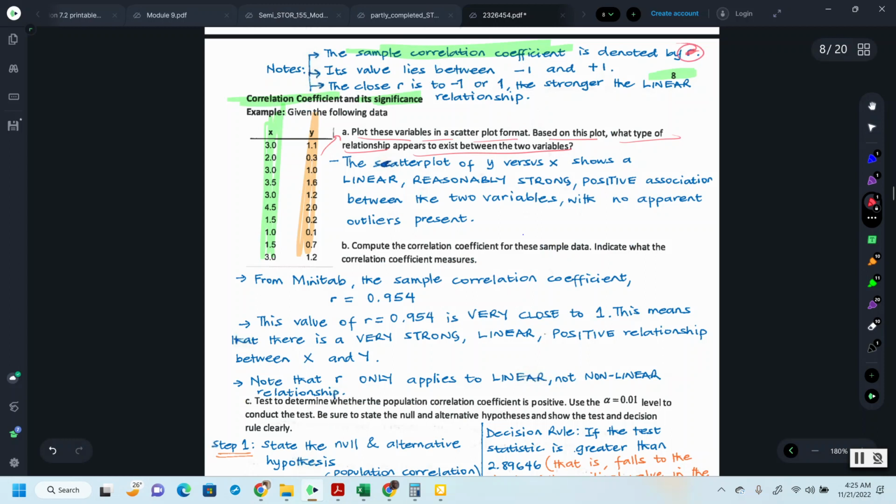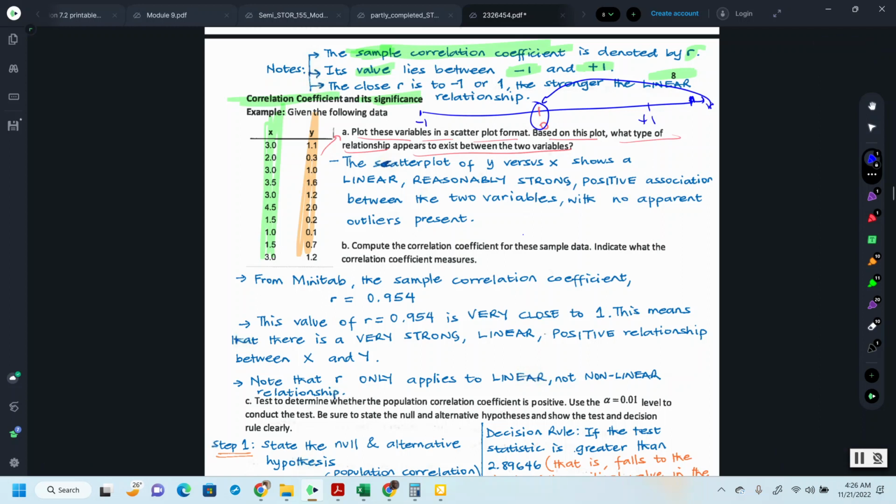So anytime I write lowercase r, I mean this is the sample correlation coefficient. Whenever it is well computed, its value will always lie between -1 and +1. What does that mean? Well, values of r between -1 and +1 definitely cross the number 0. So it is possible that the r value could be 0.